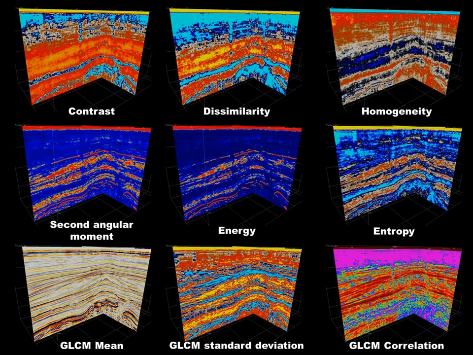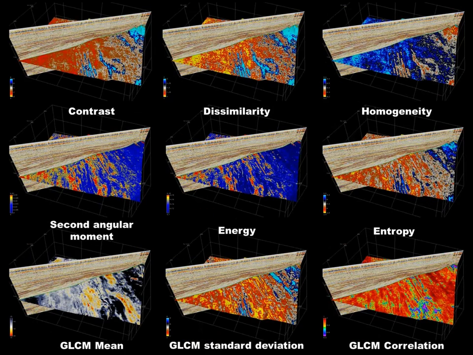And you can also display these attributes along a horizon. So here you see, for example, contrast. You have these things which appear very clearly, that you can see also in dissimilarity and all the contrast attributes, which do not appear very clearly, for example, on the energy or the angular second moment, or even on the GLCM mean.